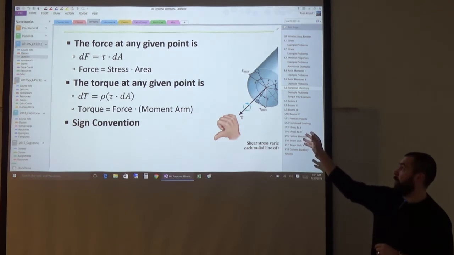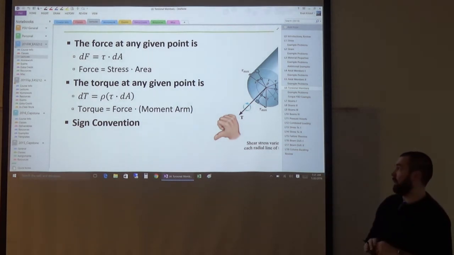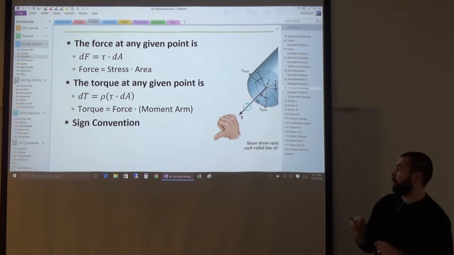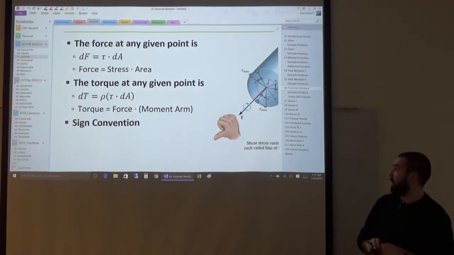The force at any given point is equal to the shear stress at that point times the differential area that it's acting on, differentially small. And the torque caused by any of those little differential areas is equal to the force at that point times the distance to the centroid, which is rho.